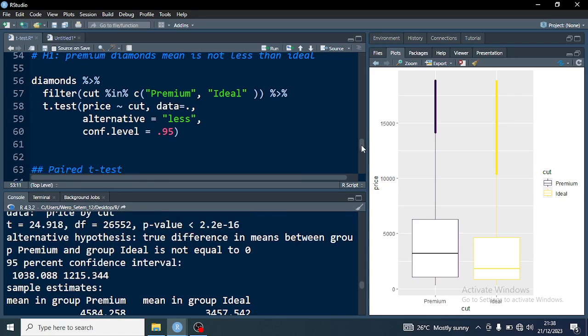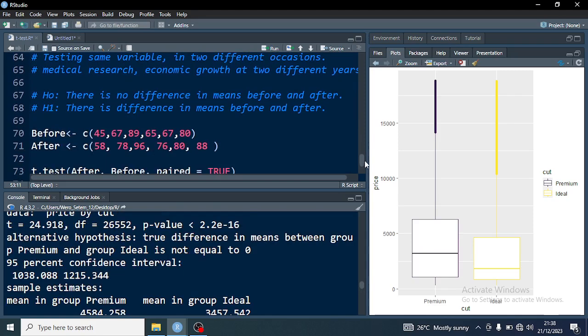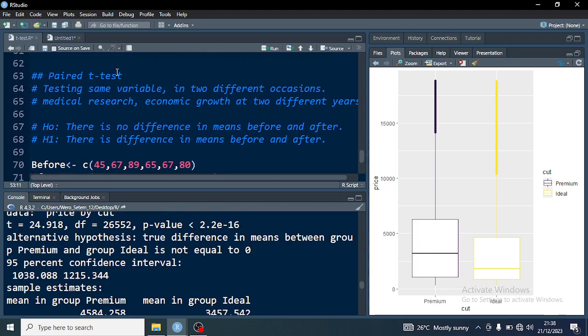So that is the one-sided t-test. Let's conclude this with a paired t-test. In the paired t-test, you're testing the same variable under two different occasions or two different scenarios. For example, in medical research, we are testing the level of headache of a certain patient before and after giving them a certain medication.